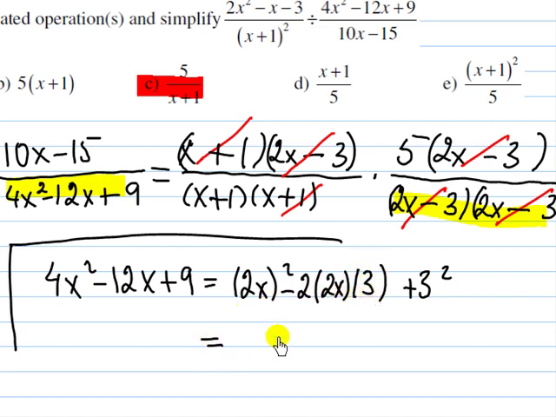So you could have recognized this as 2x, the first term, minus 3, the second term, squared. But if you didn't, you could just use the trial and error method to factor this, just as a side note.